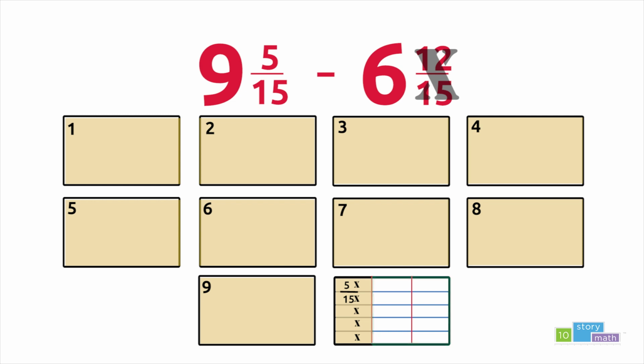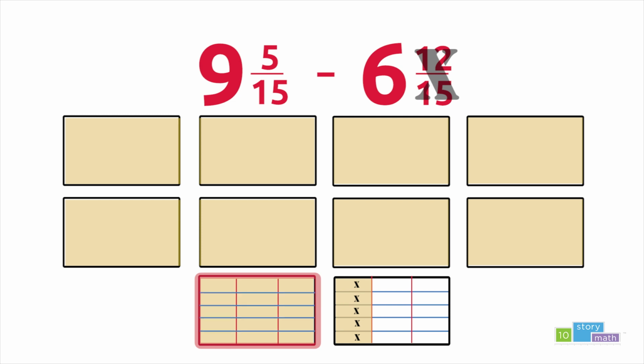I got it! I was able to show 5/15 by drawing a whole, splitting it into 15 equal parts, and then shading in 5 of them. So I can take one of the 9 wholes that I've already modeled and split that into 15 parts.